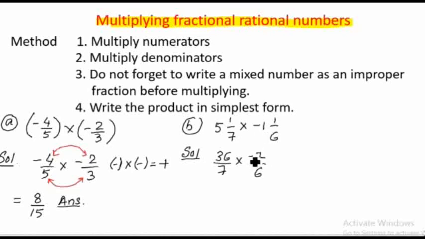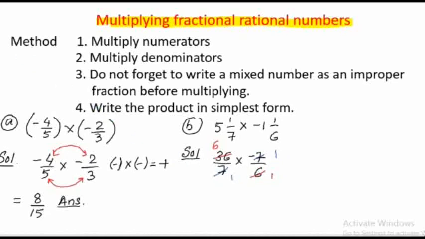Minus sign is here, so put here minus sign. Now you can see this numerator and denominator, this we can cancel by table of 6. So it will go 6 1 times and table of 6 it will go 6 times. In same way this we can cancel 7 1 time and 7 1 time.